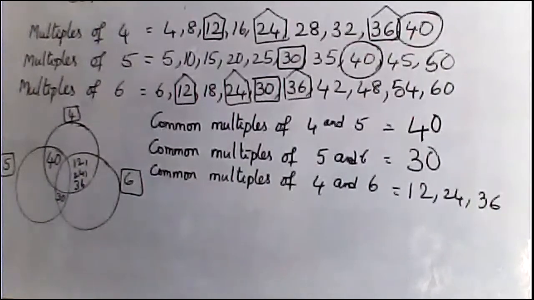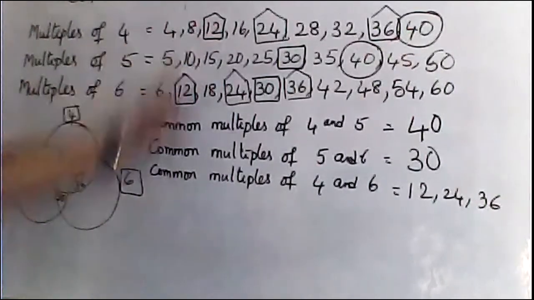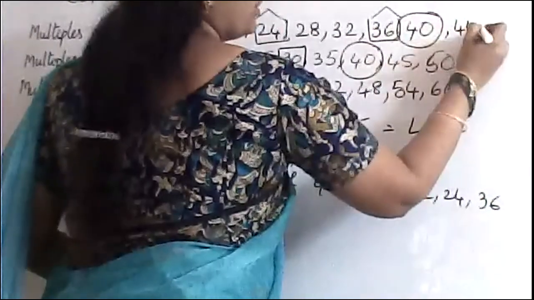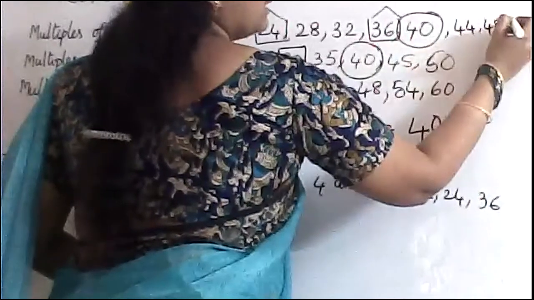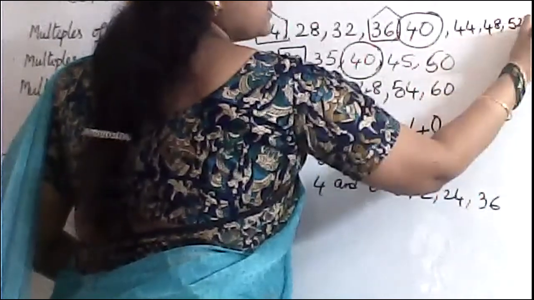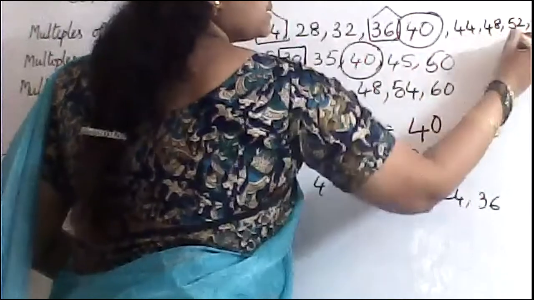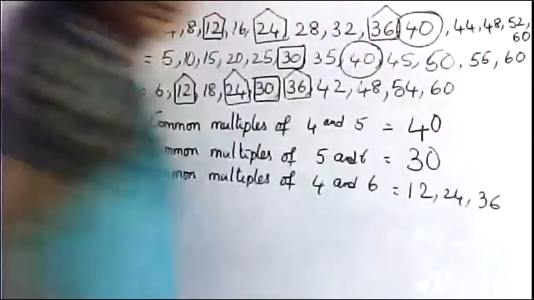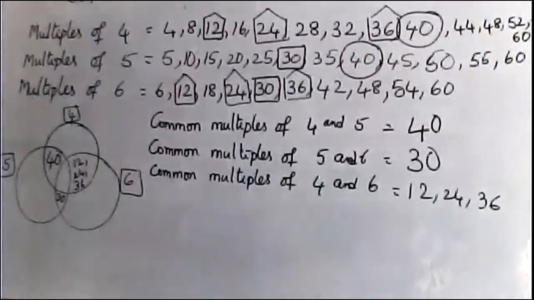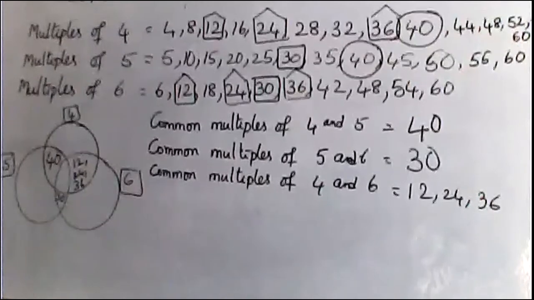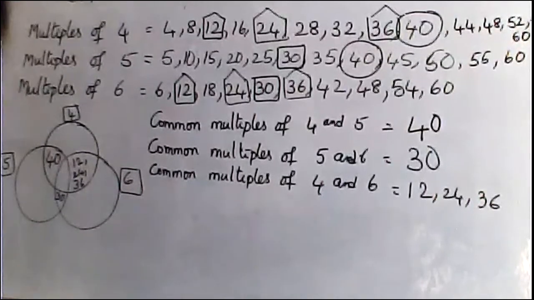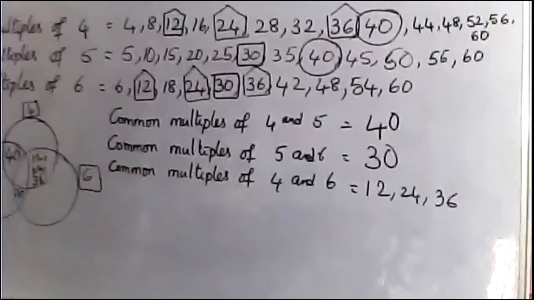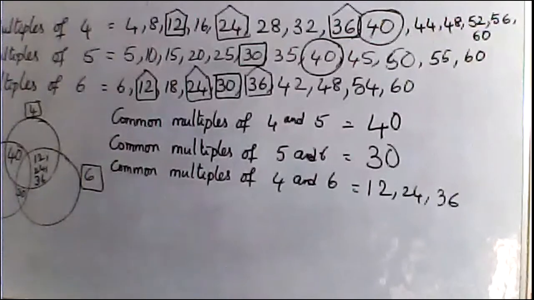So what we will do is extend this up to 60. Some more we can write: 40, 44, 48, 52, 56, 60. Let us extend the numbers a little bit up to 60.